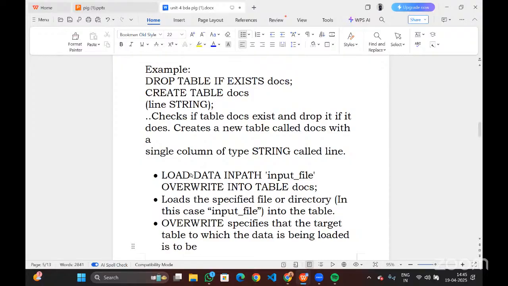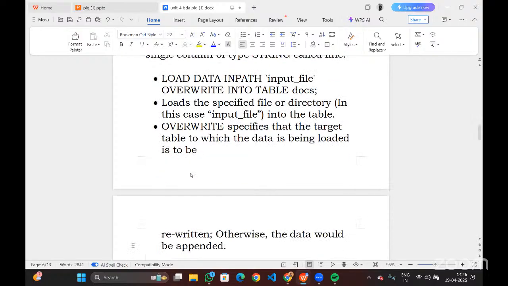So write down there, it loads the specified file or directory into the table.